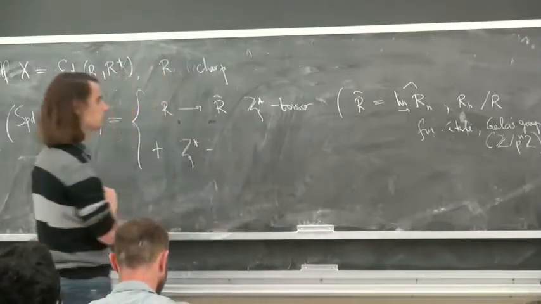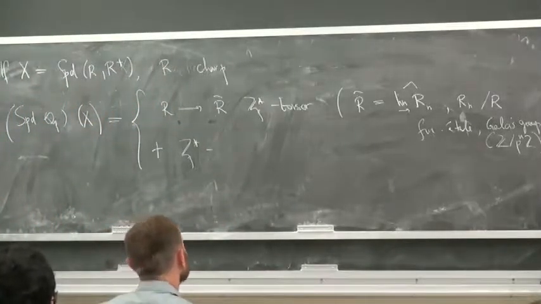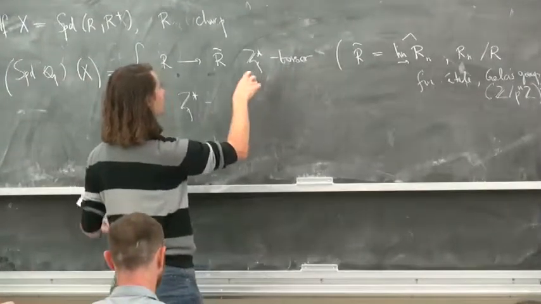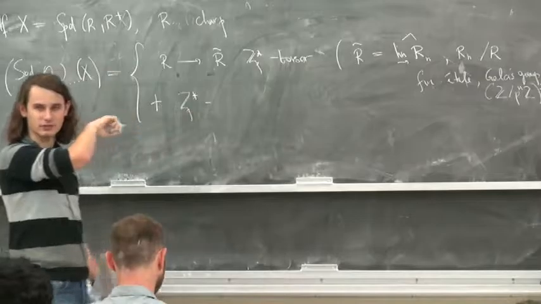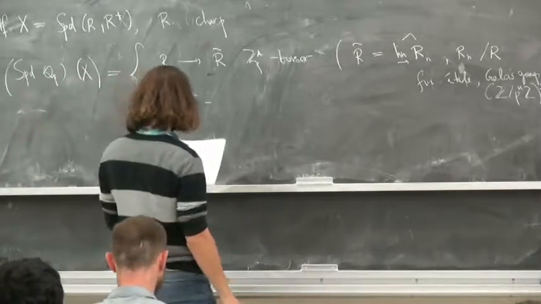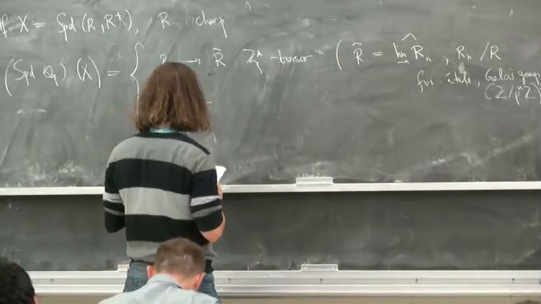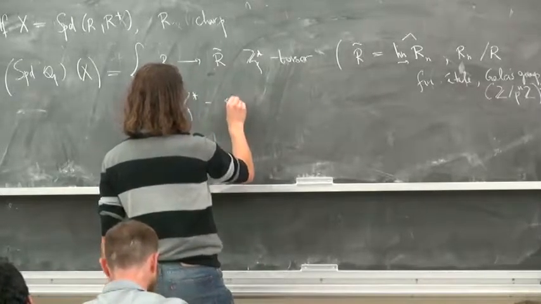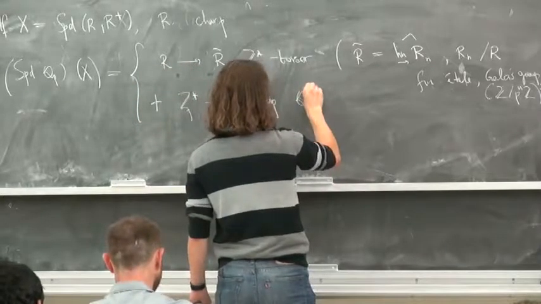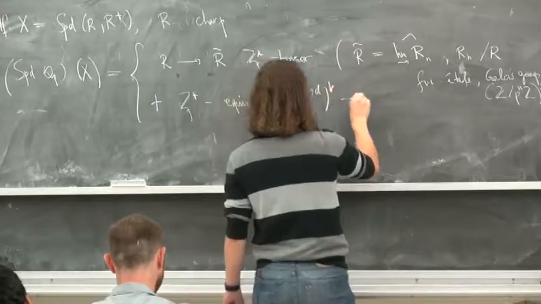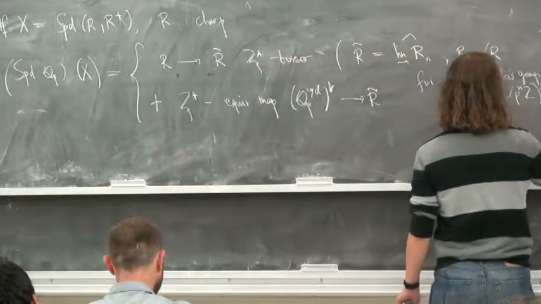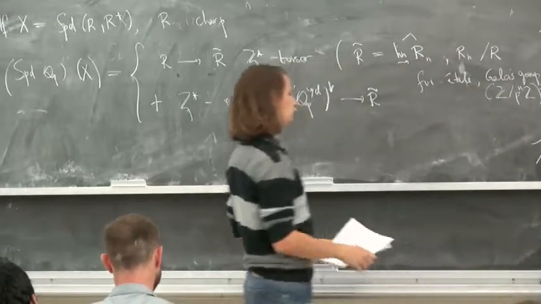Just R to R tilde is a Z_p cross torsor, is that what you're saying? Yes, I'm giving a definition of what I mean by Z_p cross torsor, and a Z_p cross equivariant map to R tilde.